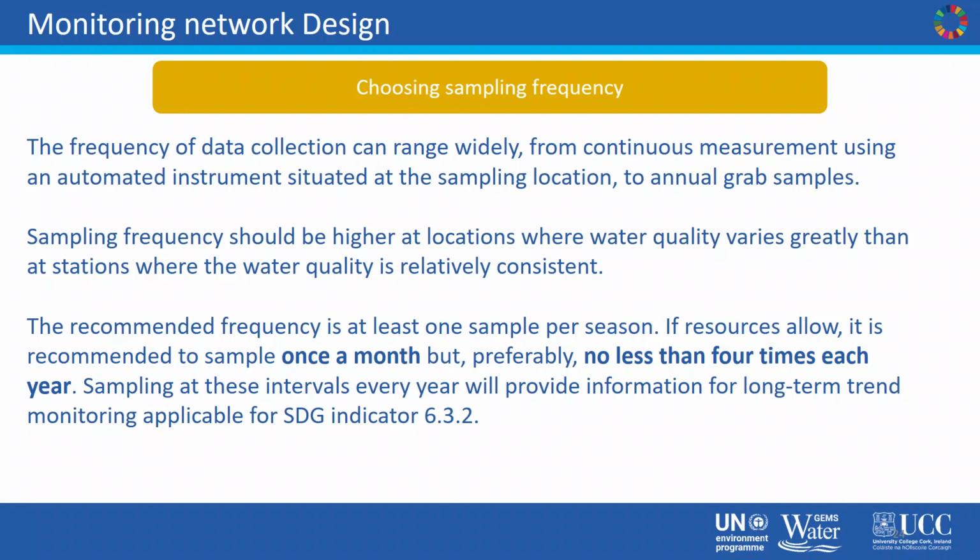This means that if it's known that the water quality doesn't vary that much, water quality can be represented by fewer monitoring events. The recommended frequency is at least one sample per season, but if resources allow, it's recommended to sample once a month, but preferably no less than 4 times each year. Sampling at these intervals every year will provide information for long-term trend monitoring, which is applicable for SDG Indicator 6.3.2.